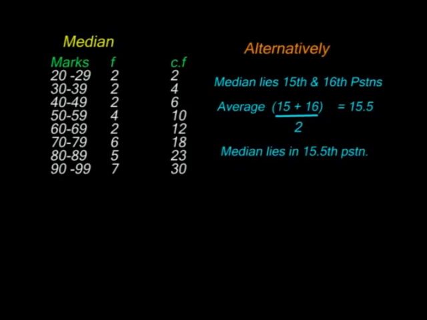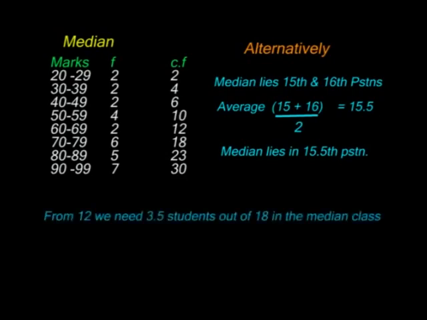So to get up to 15.5 from 12, we need 3.5 from the median class up to where we have 18 students. So we just do as we did, 69.5 plus 3.5, the number we need, over 18 times 10, and we get 71.44, the same figure we got when we used the average of the 15th and 16th positions.